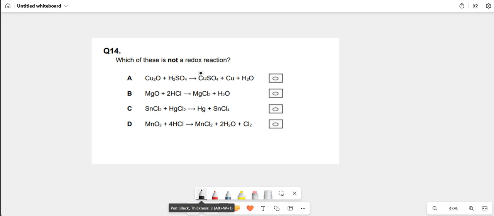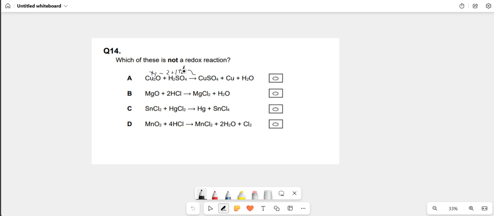Which of these is not a redox? So let's look at this. Cu2O: Cu is going to be +1, O is -2, and that's +1 times 2, which counteracts it easily. H2SO4: SO4 is -2 here, so that's -8, and then H has to be +1, always +1, so 2 plus and -8, so I've got to have +6 here.